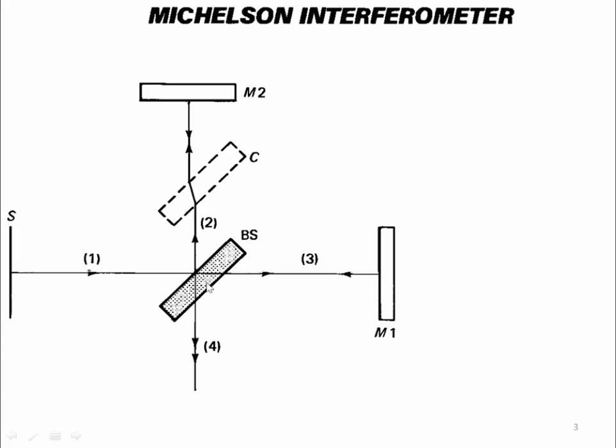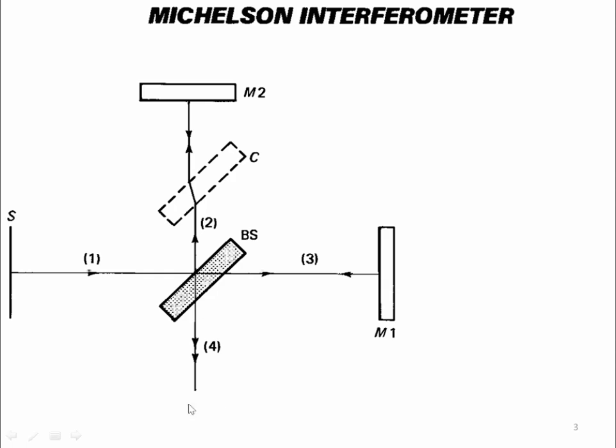Now, there are two mirrors, M1 and M2, which are placed perpendicular to the beams. Suppose this beam is the transmitted beam and this beam is the reflected beam. We are naming them with numbers. Number 1 refers to the initial beam, 2 refers to the reflected beam coming out of the initial beam, 3 refers to the transmitted beam coming out of the same incident beam, and 4 refers to the two beams taken back together after reflection from the mirrors.